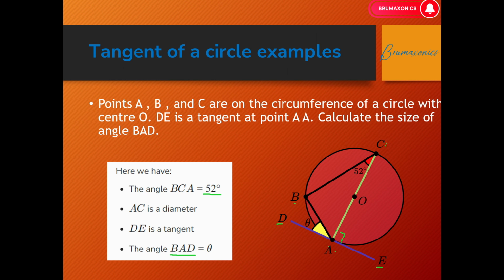So I would say that the best way to deal with this is to do the following. Since we have this angle 52, now we should actually think about the angle here, like the angle that we're gonna get here and the angle that we're gonna get here, right? So it's highly impossible to get the angle here at the moment.